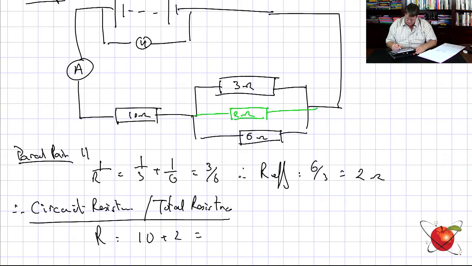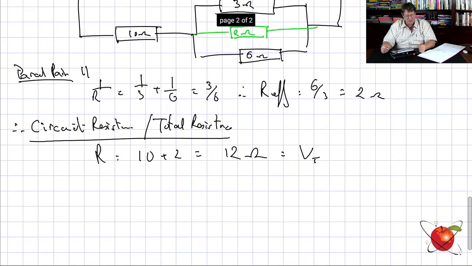What did I do here essentially? I took the 3 and the 6 away and replaced them with a 2. That's this process. We're taking all of those away and replacing it with one. Now I've got a 10 and a 2 in series. We add them and replace them with a 12. 10 plus 2 is equal to 12 ohm. So this is going to be equal to V total or V circuit.